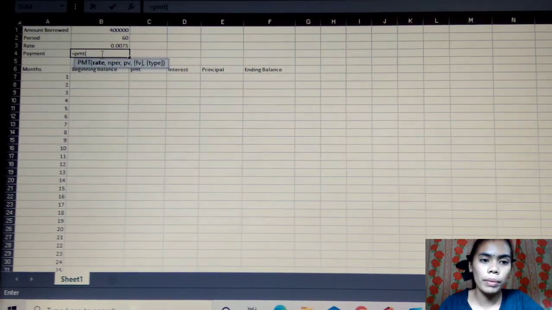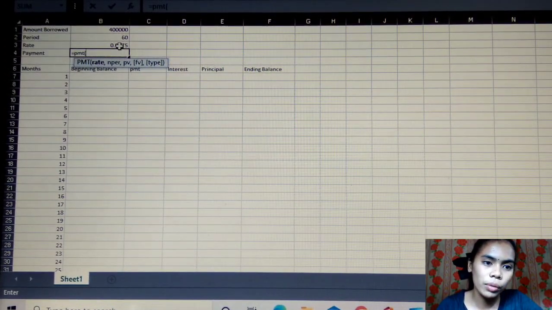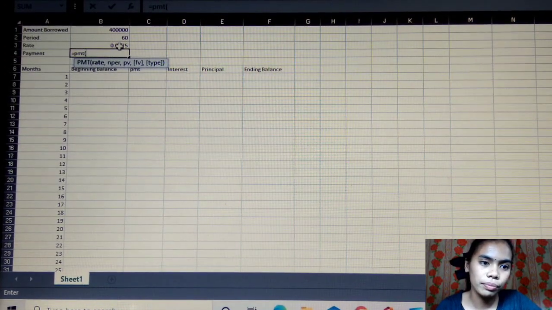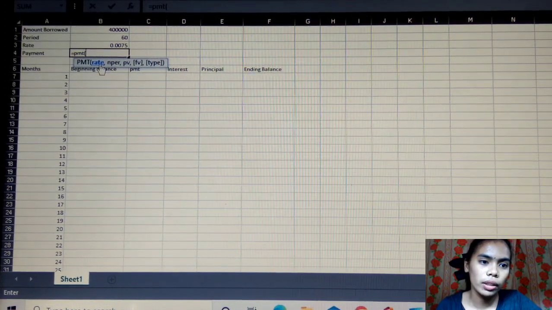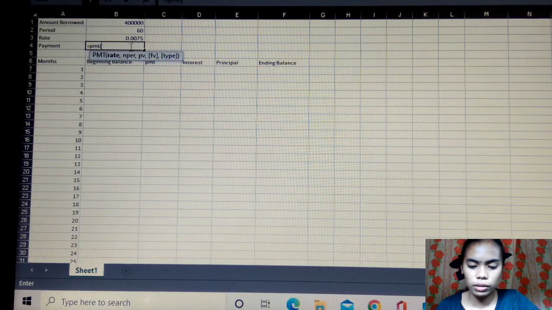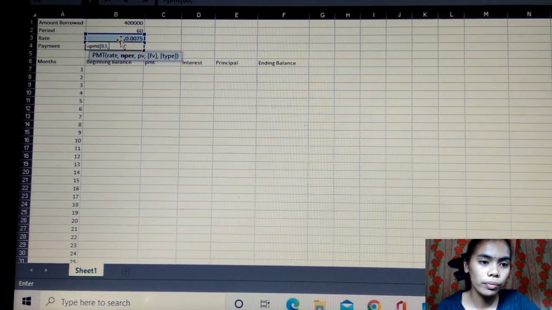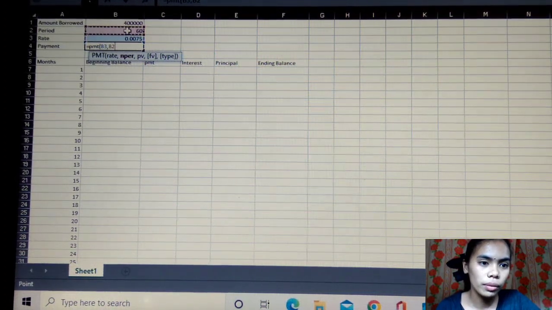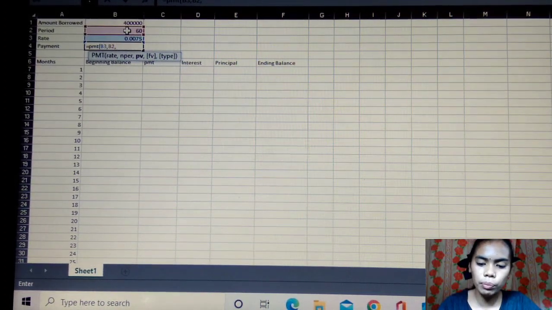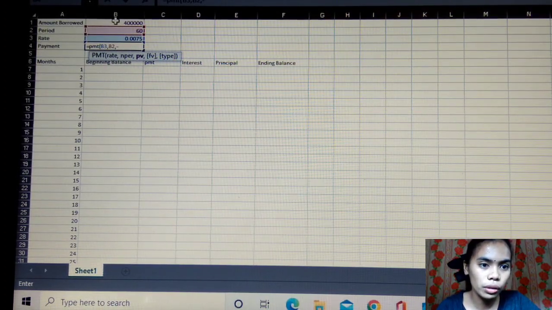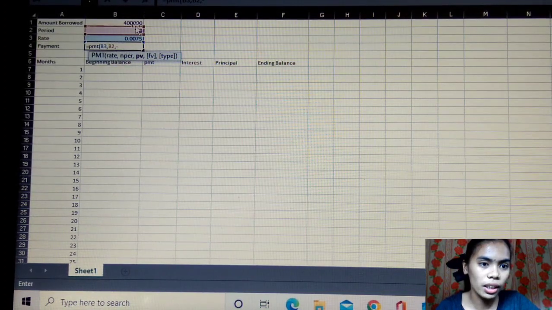For our payment, put an equal sign, then type PMT, open parenthesis, click the rate or the B3, comma, and then the period, comma, then put first a negative sign before clicking the amount borrowed.